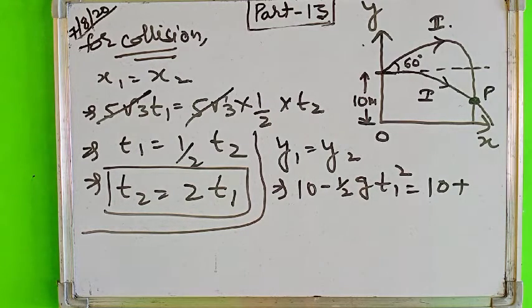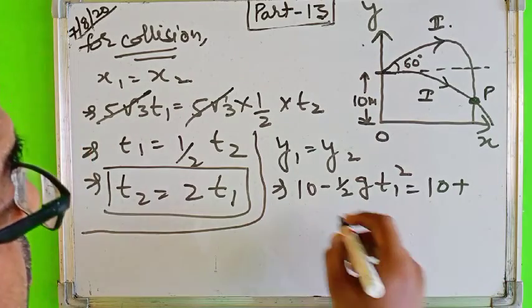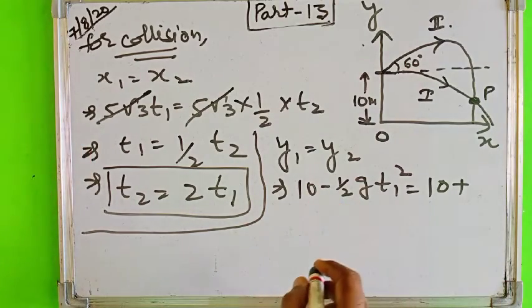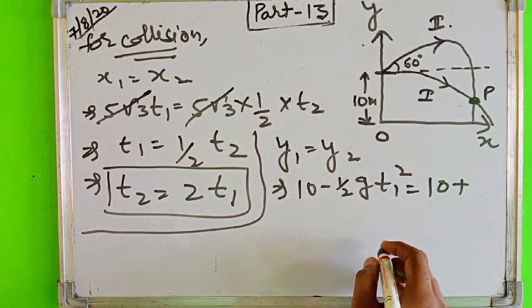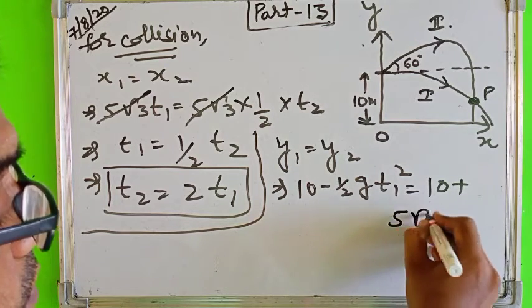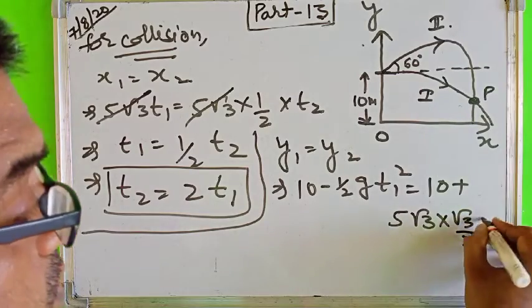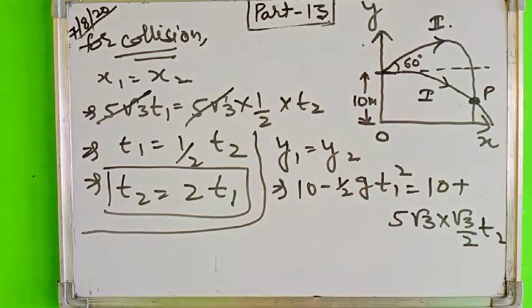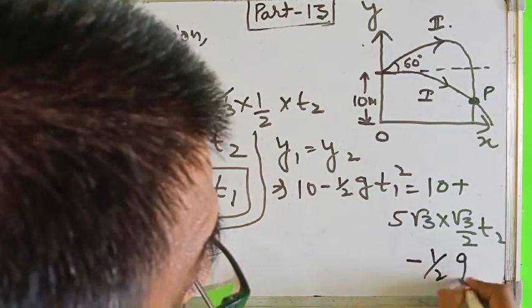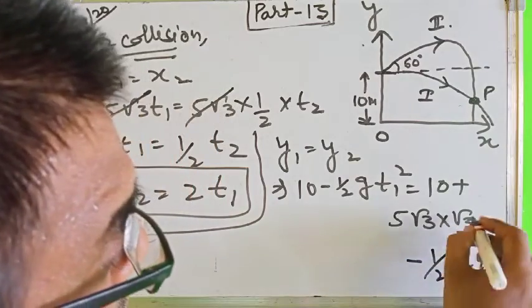Sine 60 degree is root 3 by 2, so it becomes 5 root 3 into root 3 by 2 T2 minus half g T2 square.